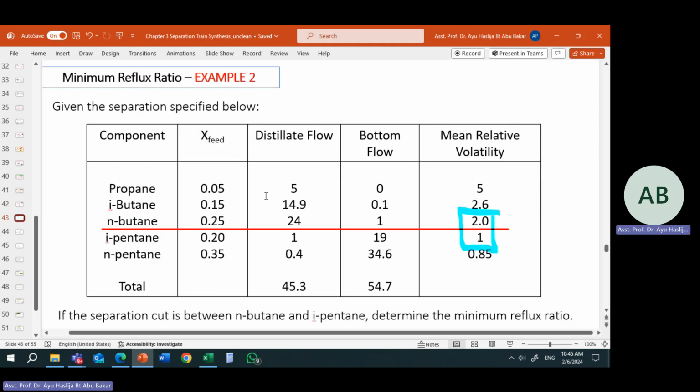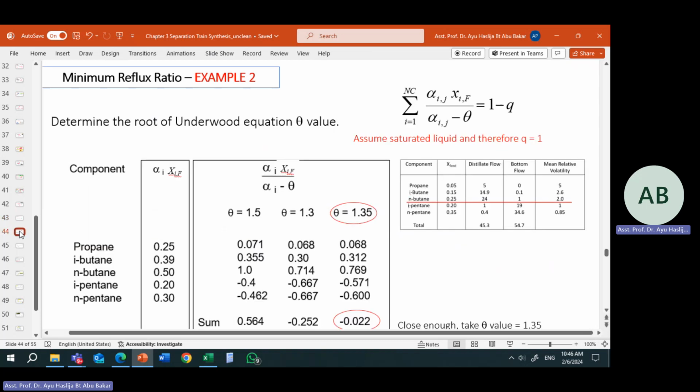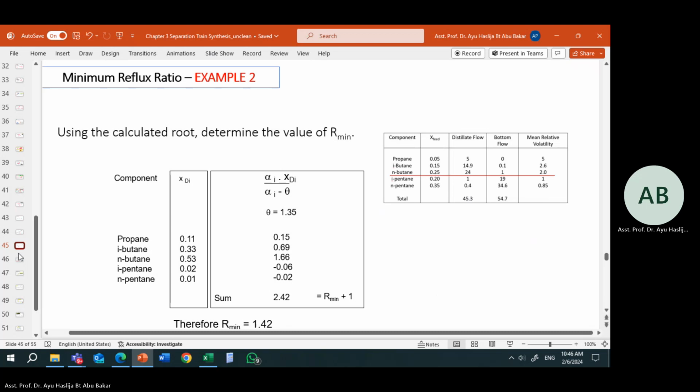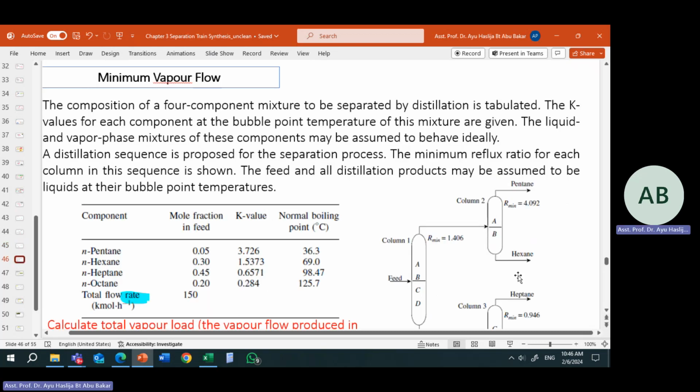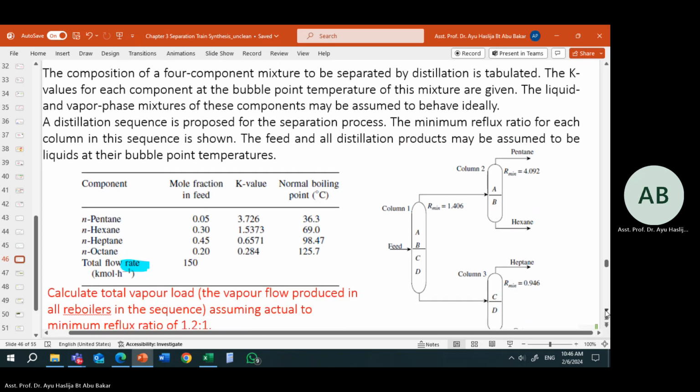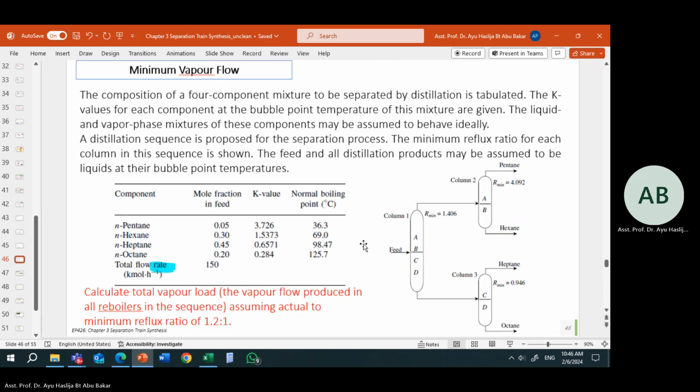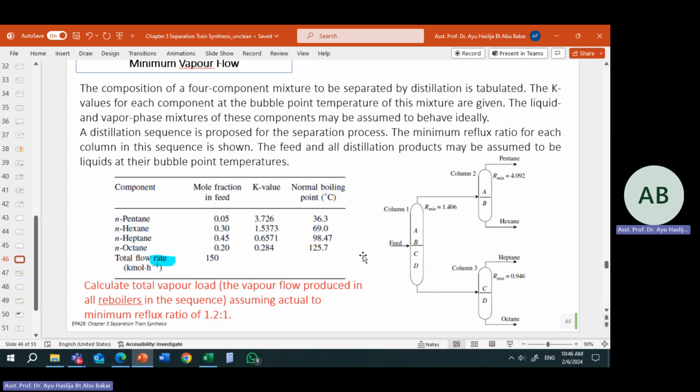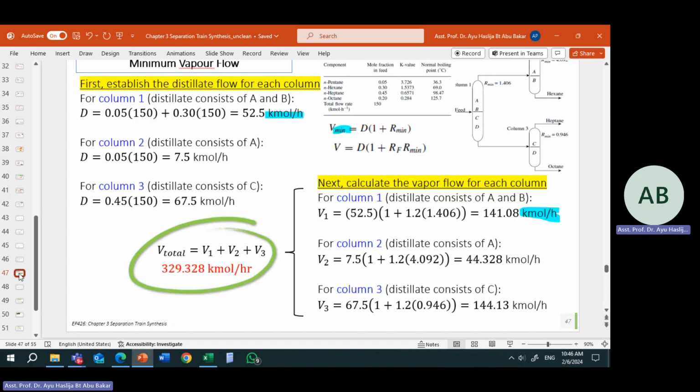Back to the slide. Example 2, you can try on your own later on. I'll just brief you through first, because this one requires time for the calculation.